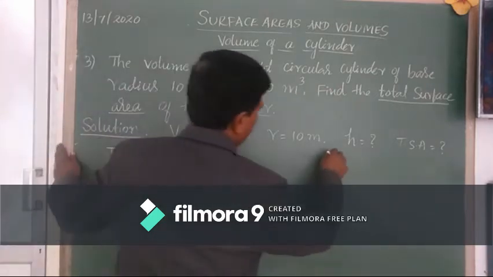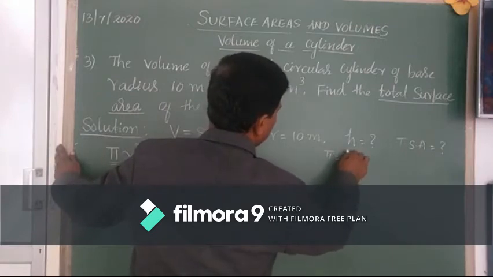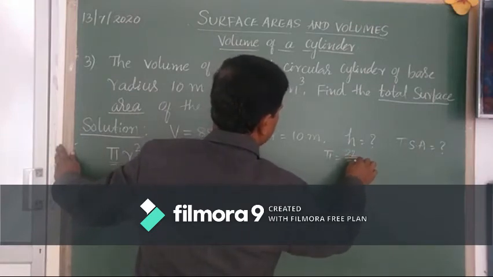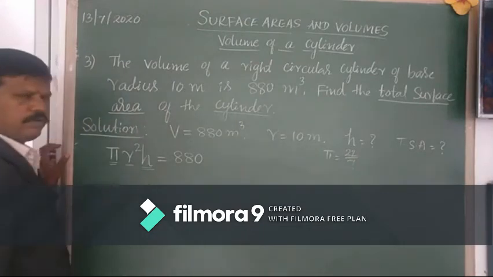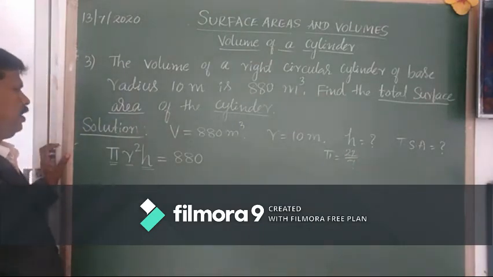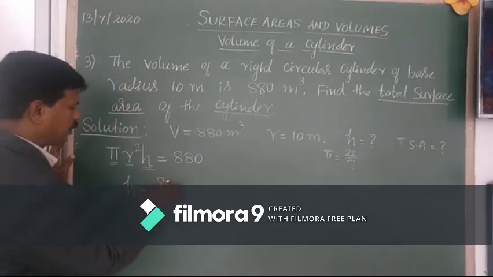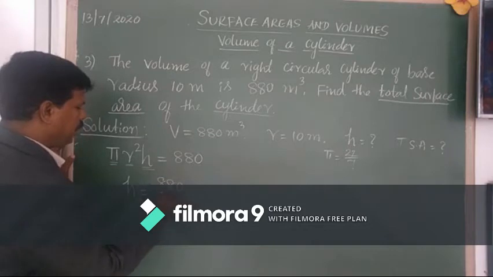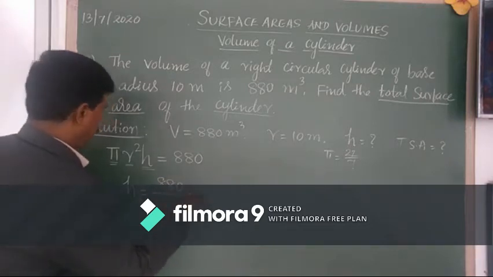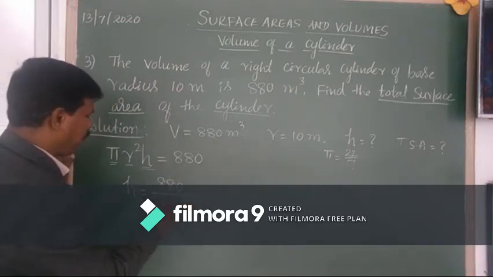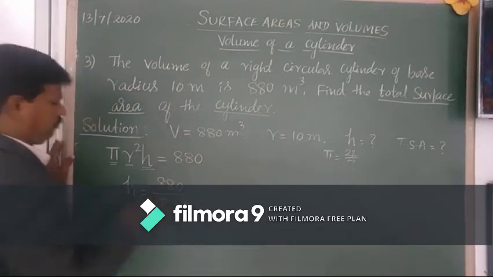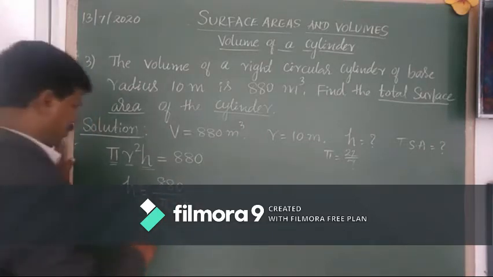The pi value is a constant, you can write it as 22 by 7. Now we want h, so keep h here only. Then this becomes 880 whole divided by pi r square.